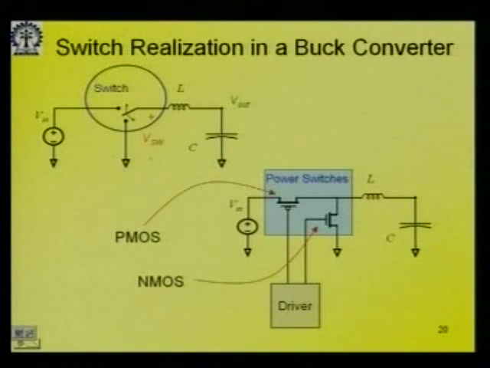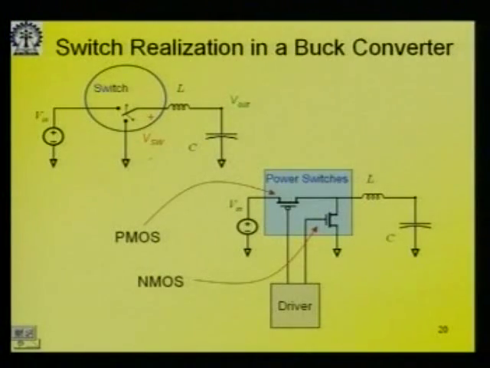Even with a gate length of say 180 nanometer or something, you will still have a very large W. So what is done is that it is realized in parallel, by making a number of fingers, and it is laid out in 2 dimensions. So that is how a power switch is realized, and these are actually called lateral power MOSFETs.